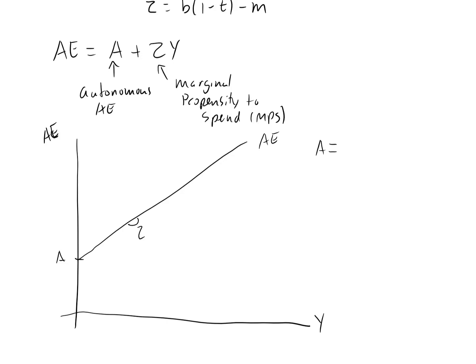Here, A equals little a plus I0 plus G0 plus x, and the slope z is equal to (1 minus t) times b, minus m. We're still representing it with capital A and z, but what they represent is different. Before, the slope z was just equal to b. Now it's different with the government and imports.